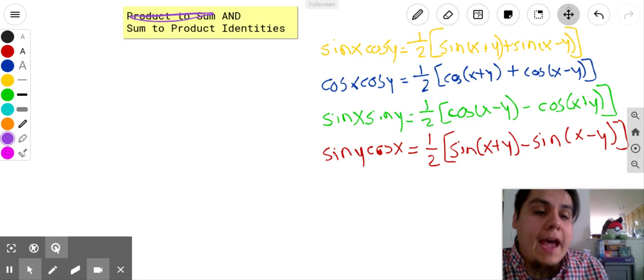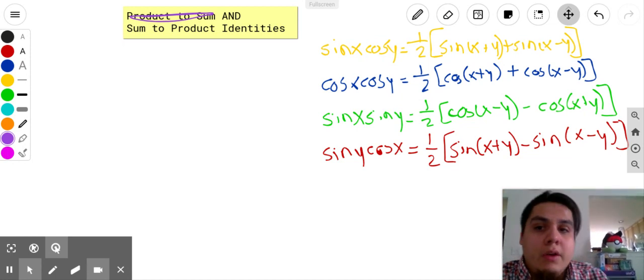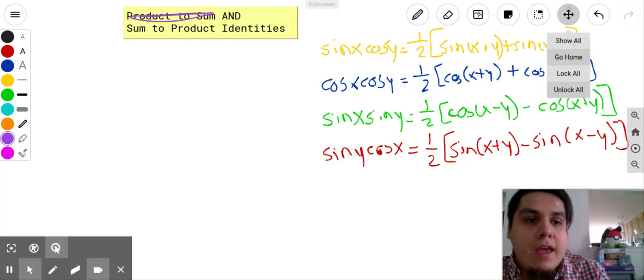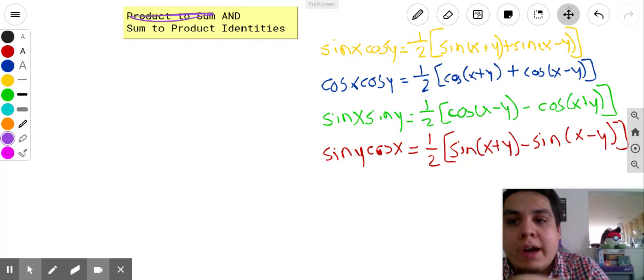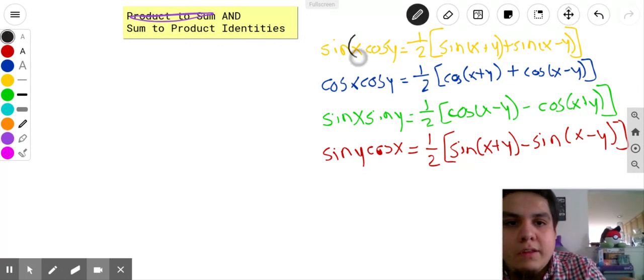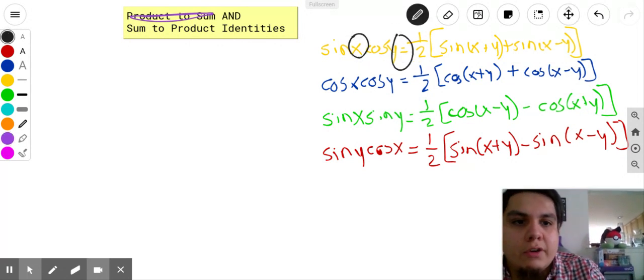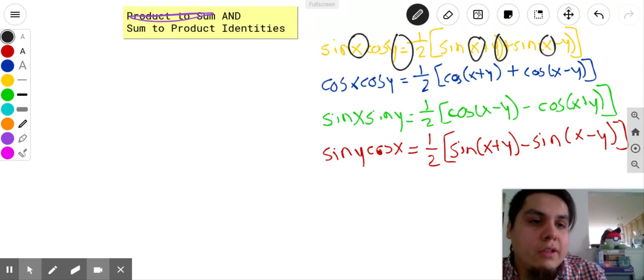So I need to choose the x and y options, these x's and these y's that'll go in here. I need to choose them very carefully.